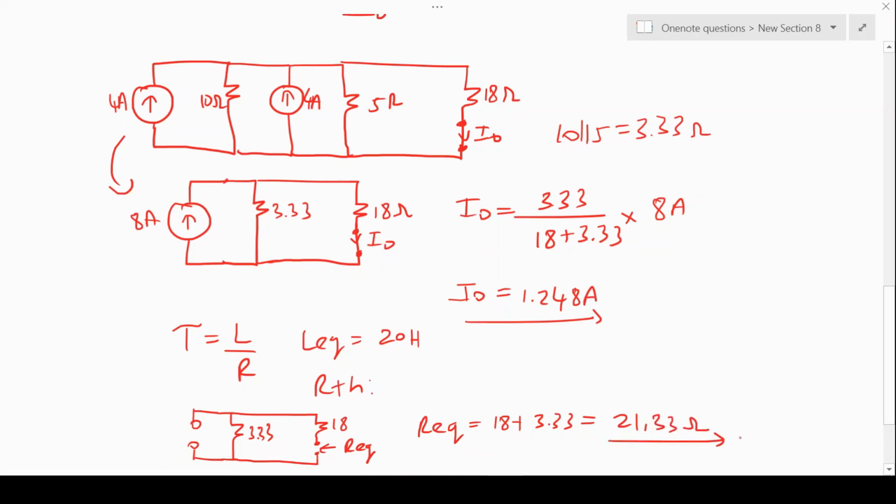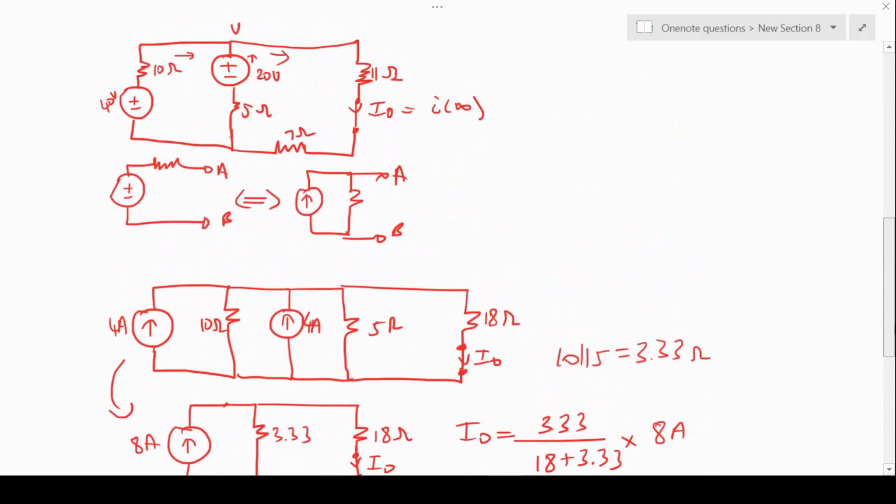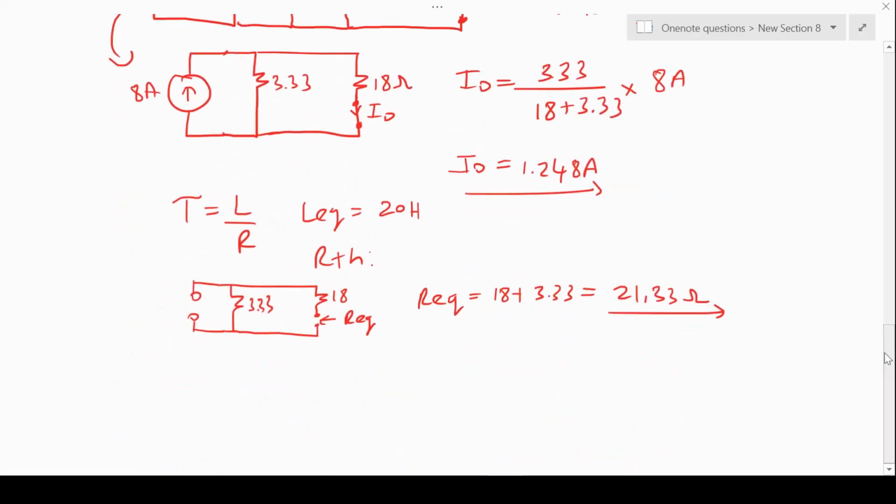21.33 ohms. It's important to note that you could have done this from any of these circuits. You could have done it from that circuit here. So you could have said this becomes a short circuit, 10 in parallel with 5 gives you 3.3, plus 7 will give you 10.33, plus 11 gives you 21.33.